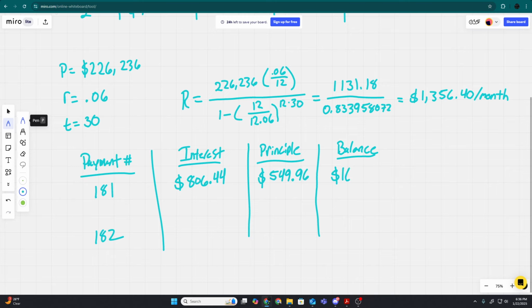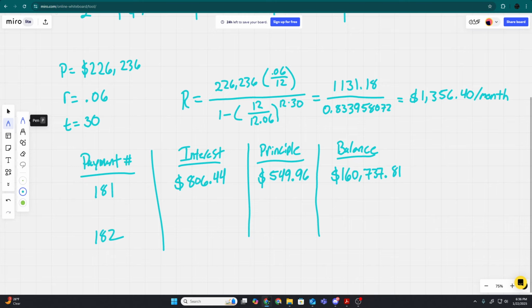So the balance will be $160,773.81. Okay, so it doesn't matter if I'm at payment 1 or 181. As long as I know the balance and our interest rate and our payment, we can pretty much continue anywhere. Okay, so we use that payment and this interest to get the principal. And from that principal, we were able to reduce the balance.